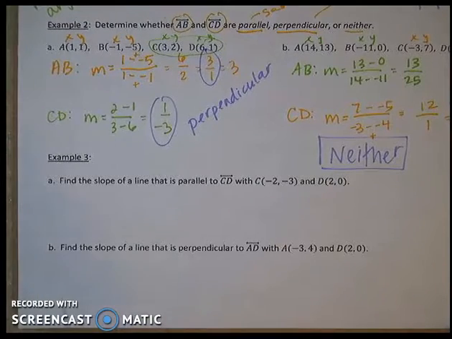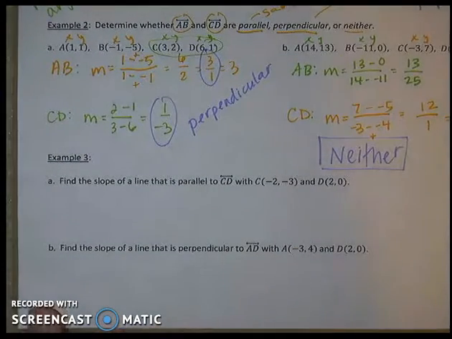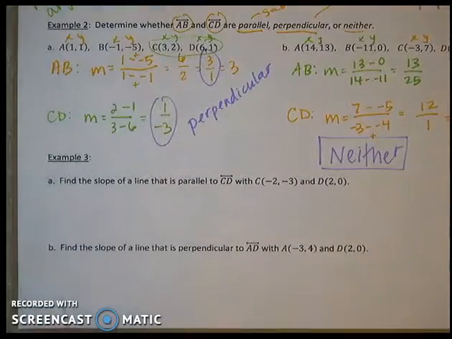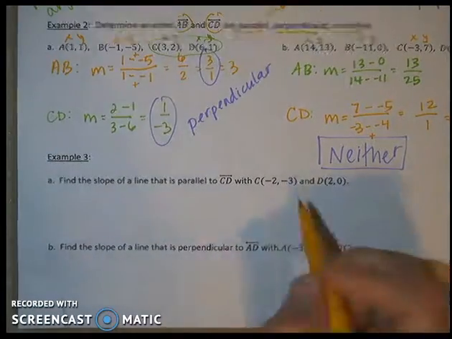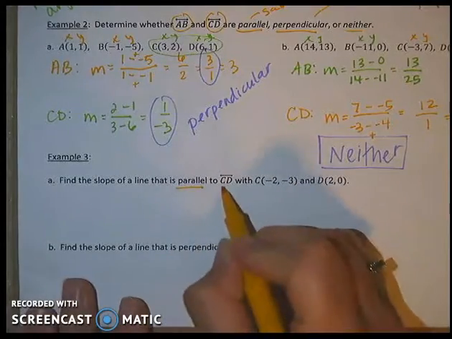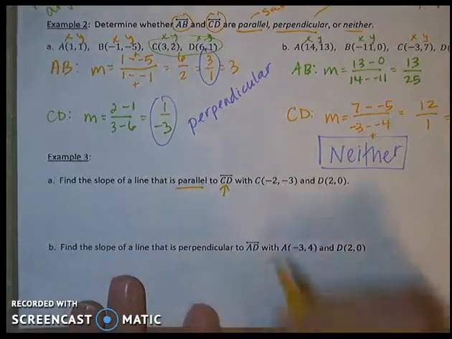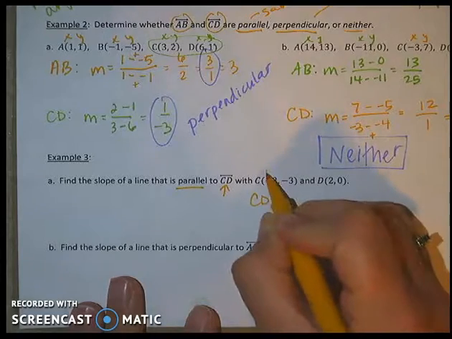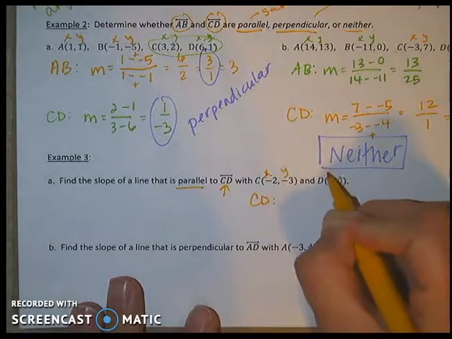Example 3 says find the slope of a line that is parallel to line CD, and they tell us what C and D are. So I have to find parallel, but first I have to know the slope of CD. So when I look at CD, remember this is my xy, this is my xy.